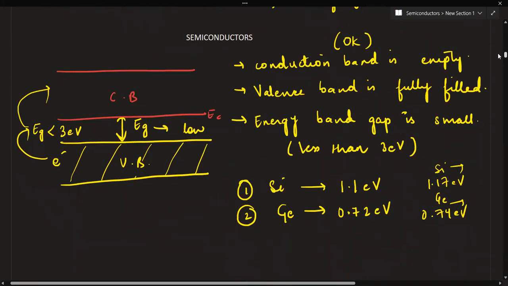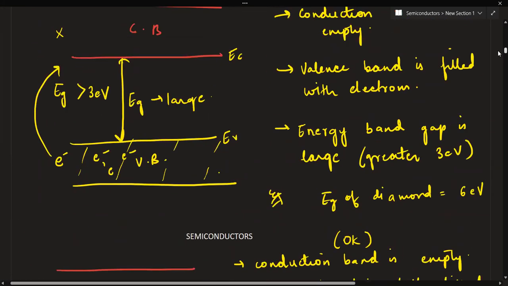So see, in case of semiconductors and insulators, conduction band is empty in both the cases, valence band is filled in both the cases. The difference between conduction band and valence band is known as energy gap. So in case of semiconductors, conduction band and valence band have very little energy gap between them, whereas in case of insulators, there's a large energy gap.